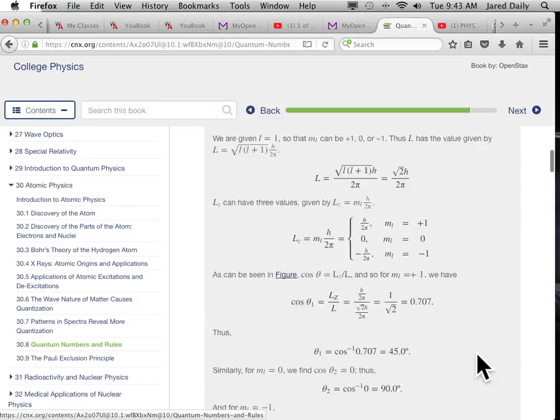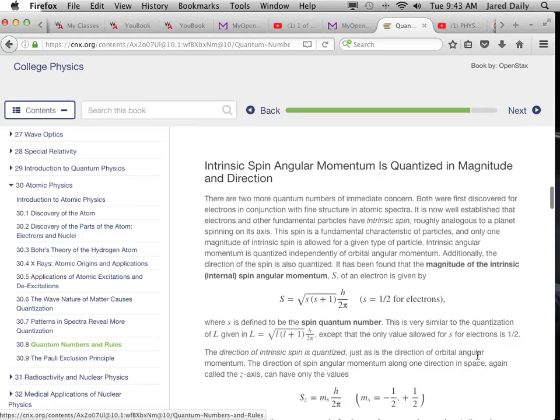And then the last one, the spin, is also associated with a number. There are actually two: s and m sub s. The spin is the square root of s times s plus 1, times h over 2 pi.